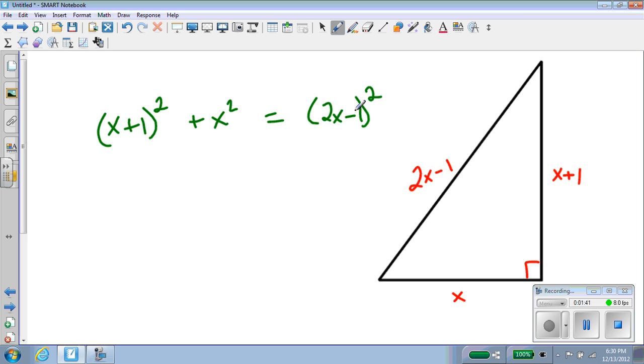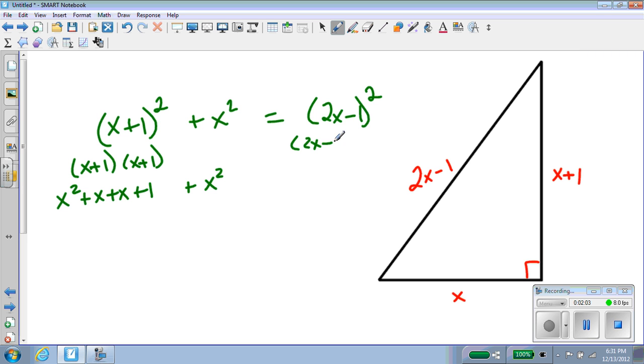Okay, so let's not make a mistake here. x plus 1 squared is x plus 1 times x plus 1, which would be x squared plus x plus x plus 1, plus our x squared.